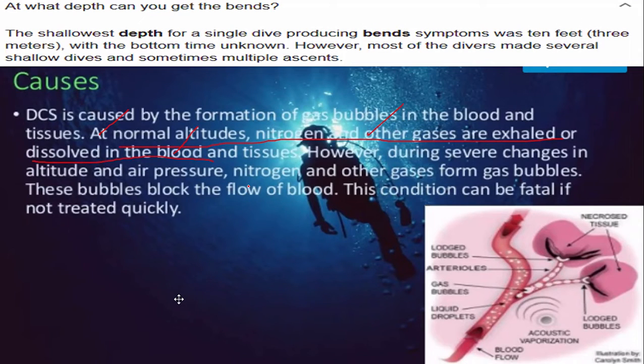The danger with going deeper is that there's a high tendency for the dissolved gases to form bubbles inside the blood vessel. Therefore we should ascend slowly, to give time for the gases to go back to the alveoli so that they can be released, just as though you're already at the surface.